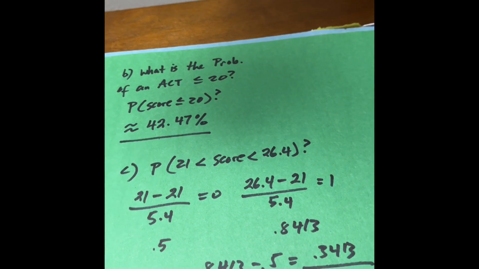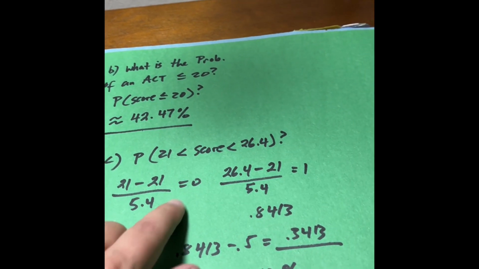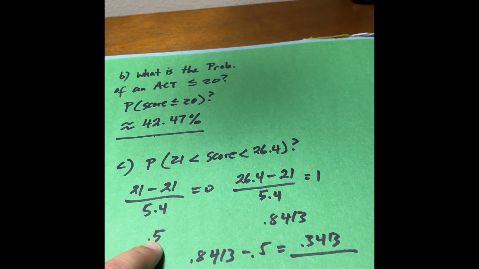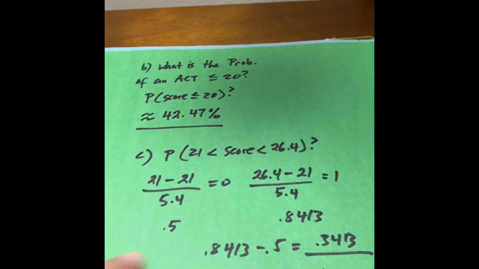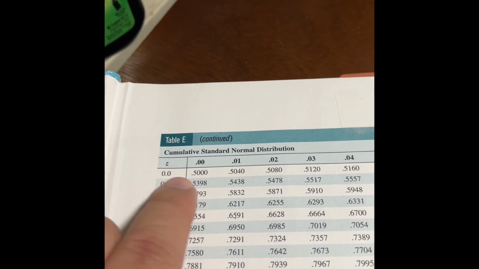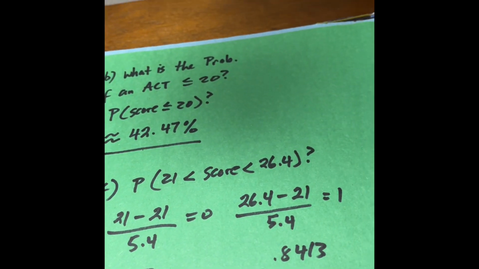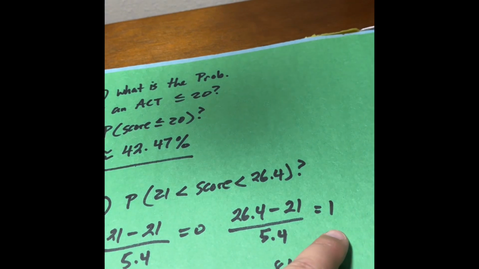So we look up these values in the chart. If you look up 0, you get 0.5 in that chart in the front of the book. So z-score 0 gave you 0.5. And then you look 1 up.